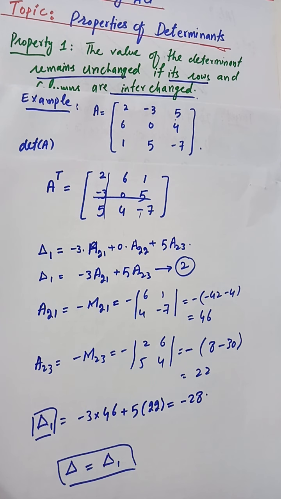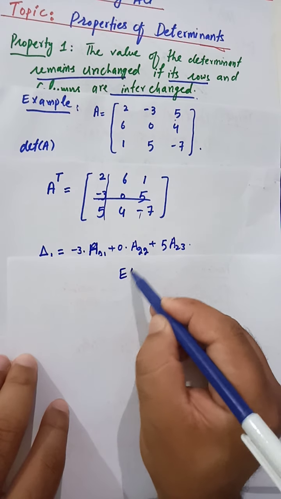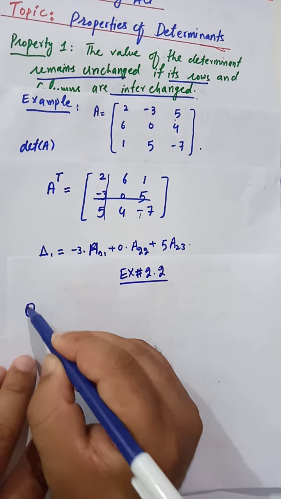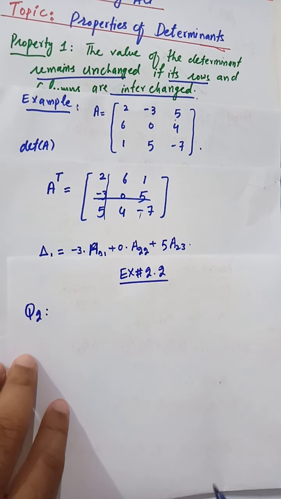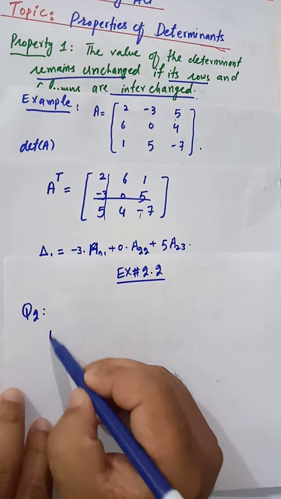So now I am taking the exercise question, exercise 2.2, question number 2, part number 3. Question number 2 says that without evaluating, state the reason for the following equalities.